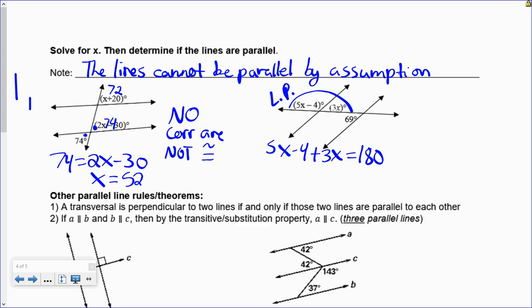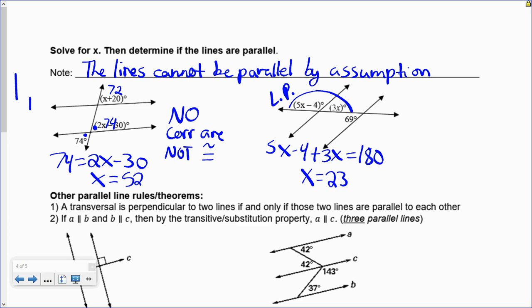What's 184 divided by 8? 23. Okay. 23. Does everybody understand why x is 23?